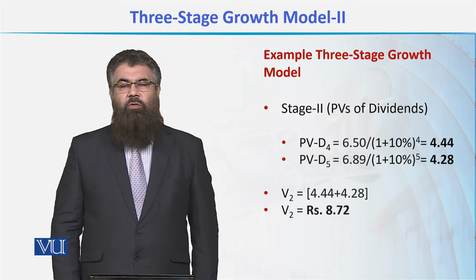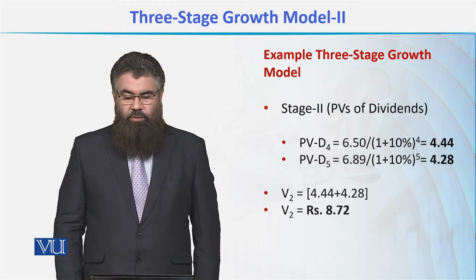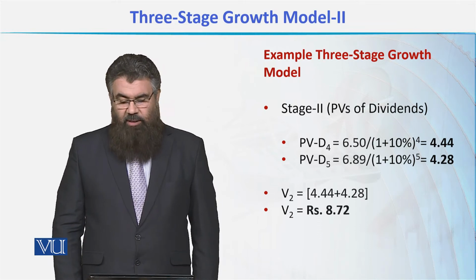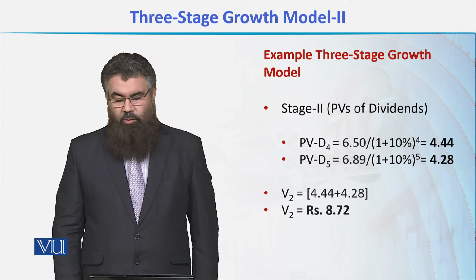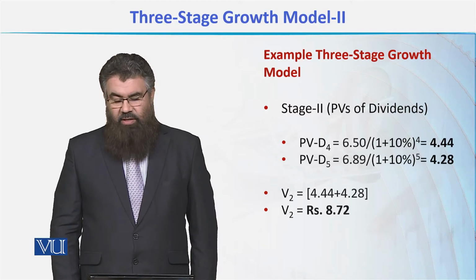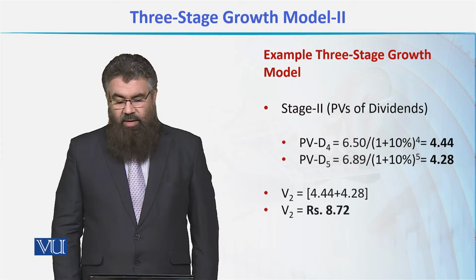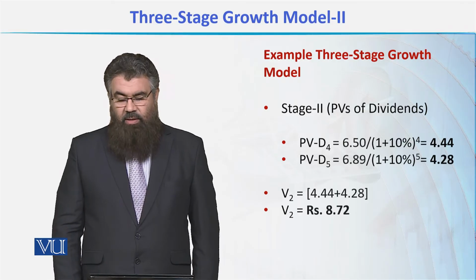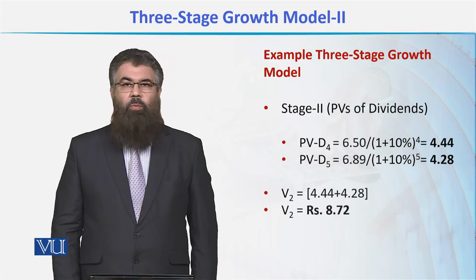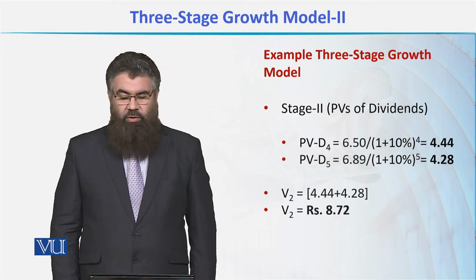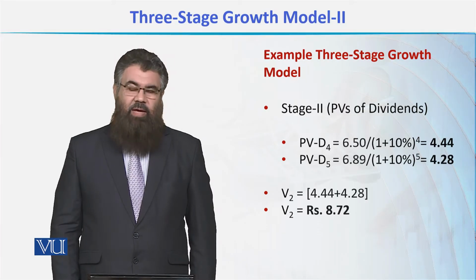Then the process is to calculate their present values. So the present value of D4, which is 6.5, will be divided by the present value interest factor, and so we get the dividend present value equal to 4.44. यानी ये 4th year के dividend की present value है.